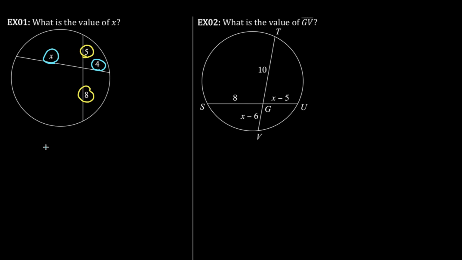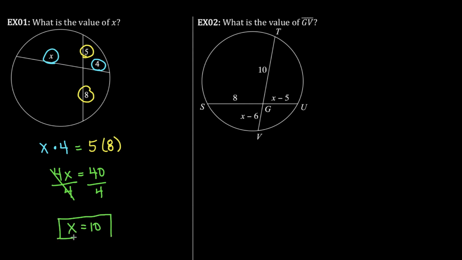So I'm going to write x times 4, and that should be equivalent to 5 times 8. So I get 4x equals 40. Now I divide by 4, and I get x equals 10. That was actually pretty easy, right?